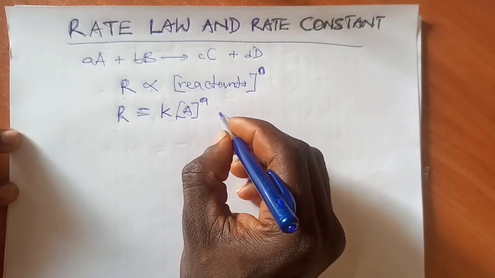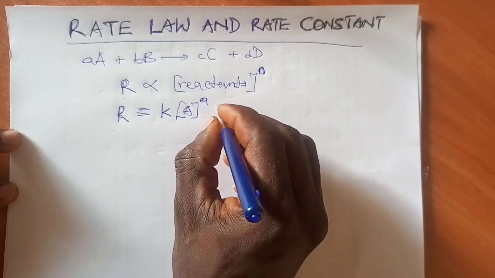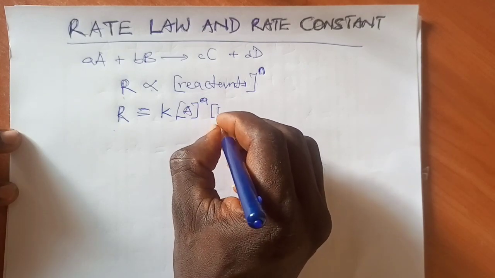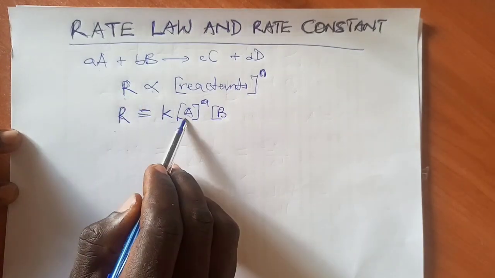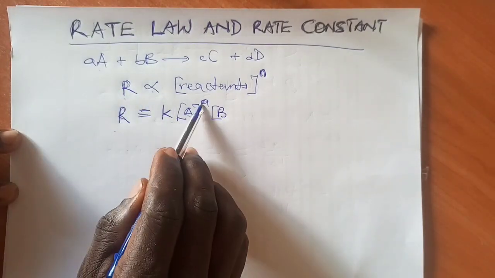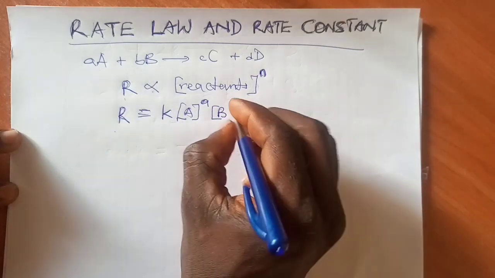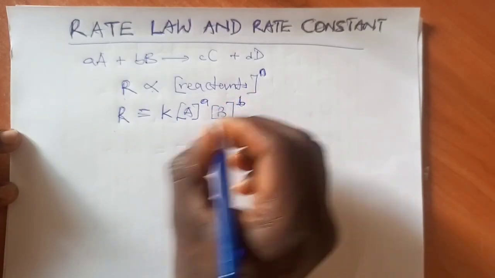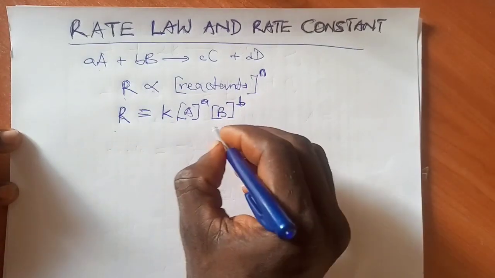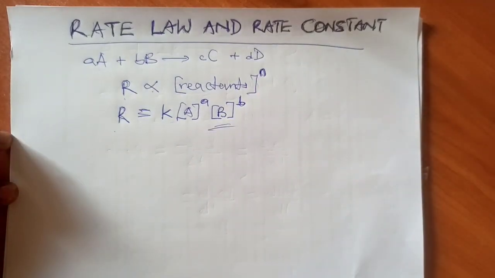So you will not put plus or minus, but rather a product of the concentration of reactant A raised to the power of coefficient a, and reactant B raised to the power of coefficient b. This is the rate law for this reaction.